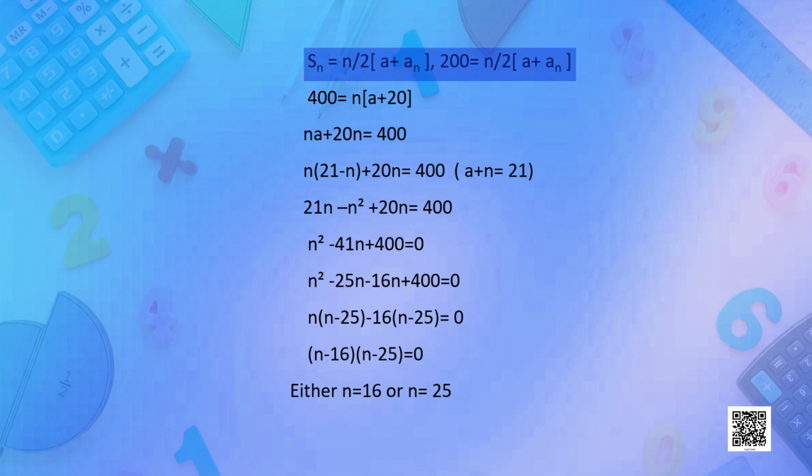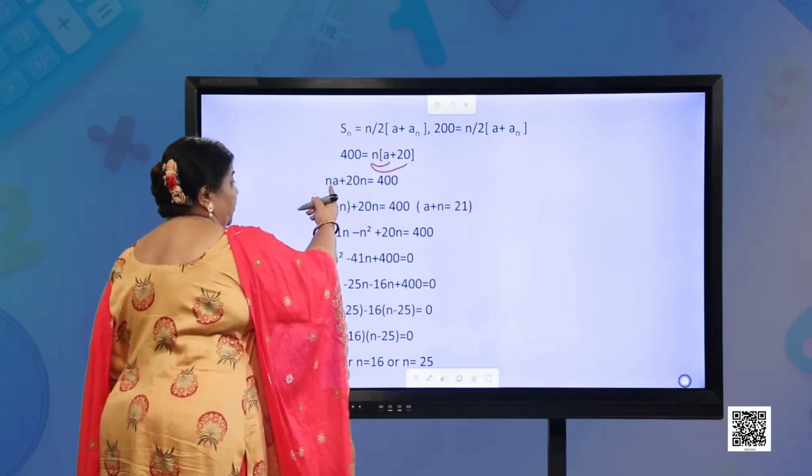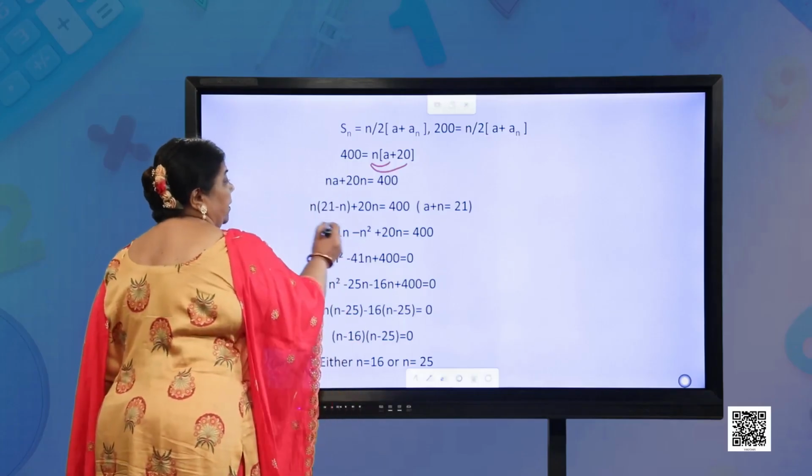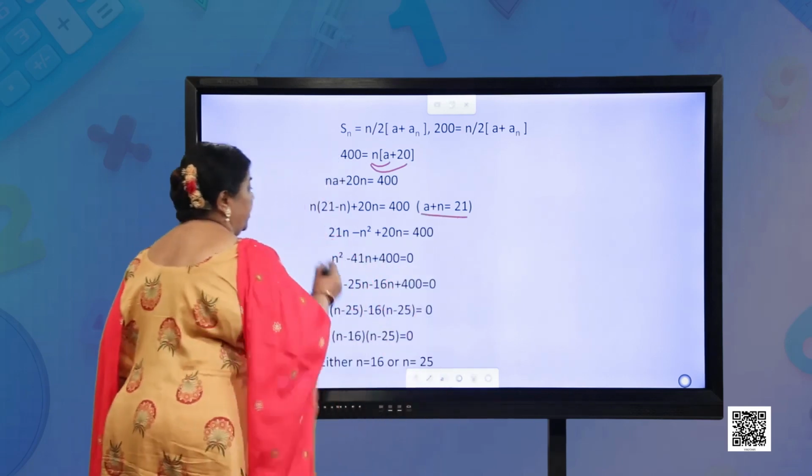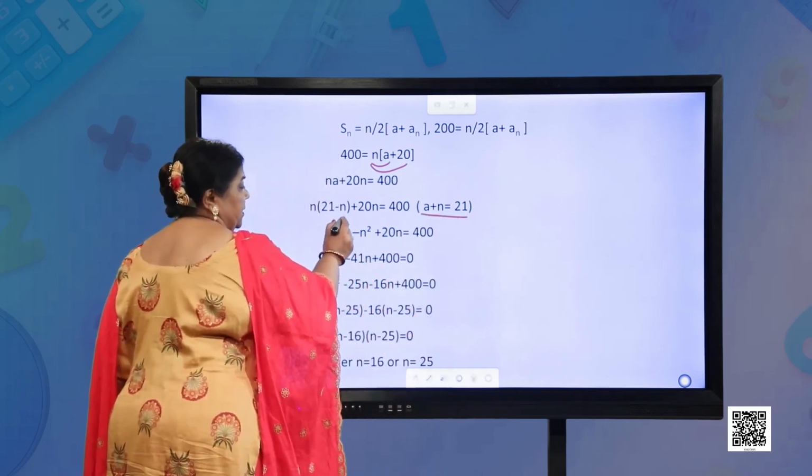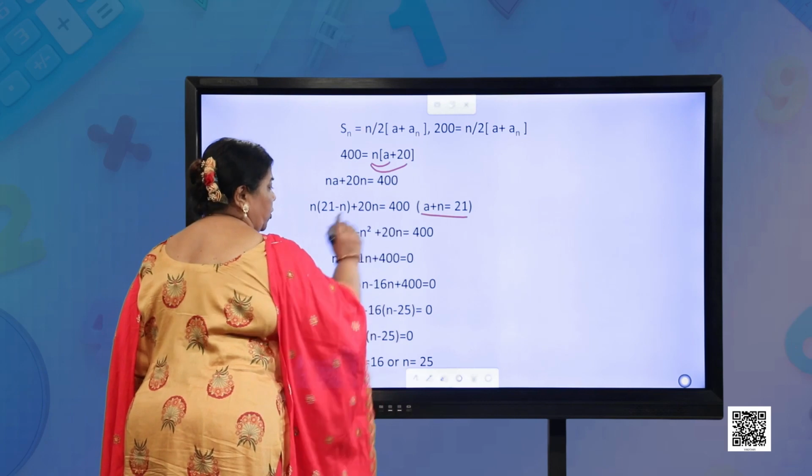So, 200 is equal to n upon 2 into a plus an, which can be simplified as 400 is equal to n into a plus 20, which on opening the brackets will give me na plus 20n is equal to 400. On substituting the value of a, which we have obtained earlier, here a plus n was 21, n into 21 minus n plus 20n is equal to 400.